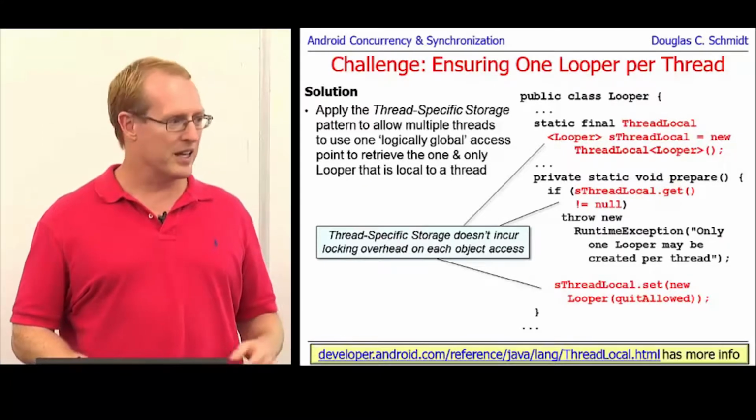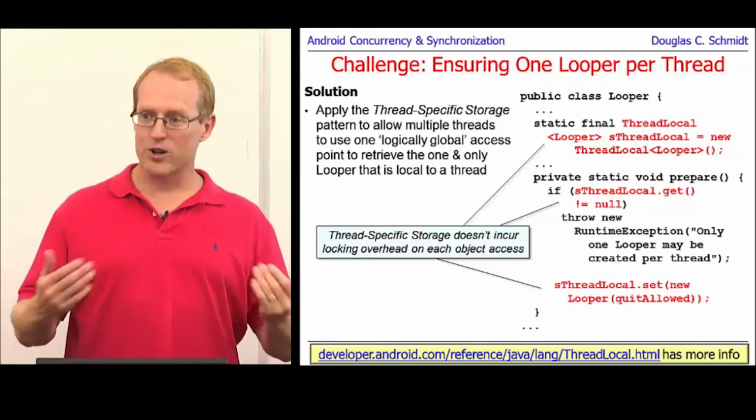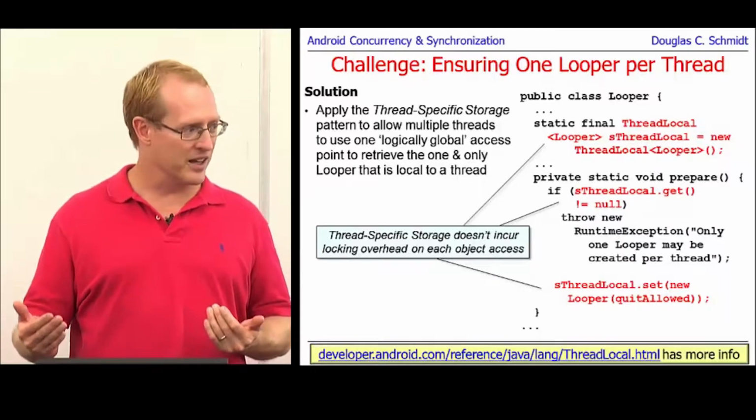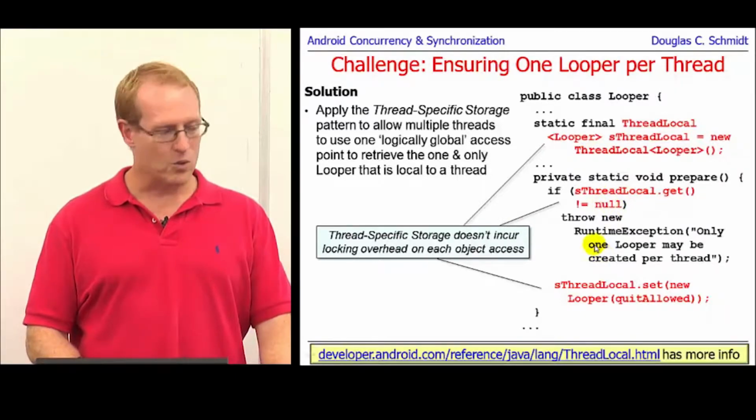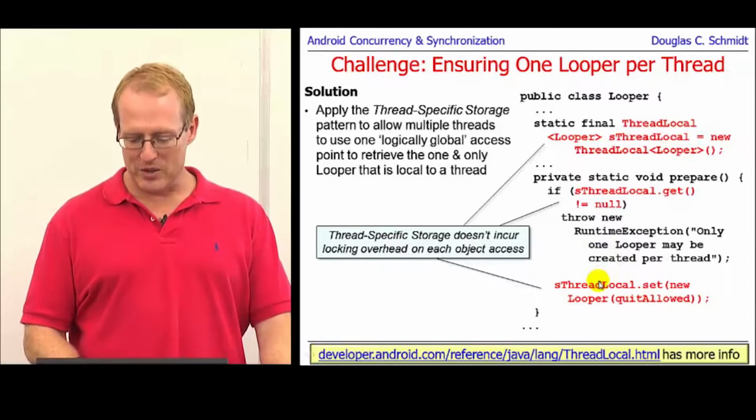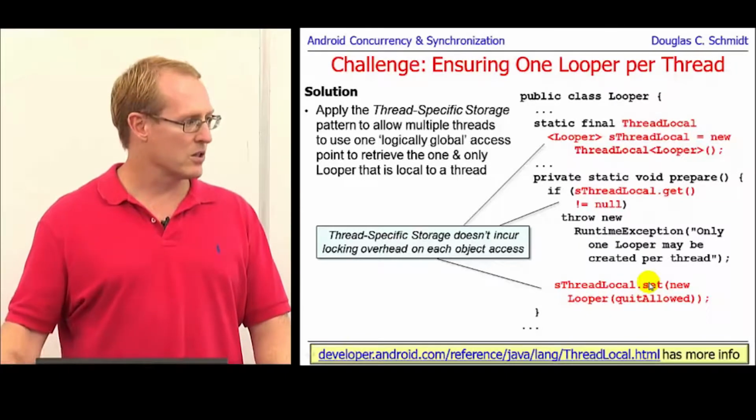If the answer is yes, then we're in trouble because we've already initialized ourselves. If the answer is no, this returns null, and so we're OK. Then we go down here and create a new looper and set it into thread-local storage.